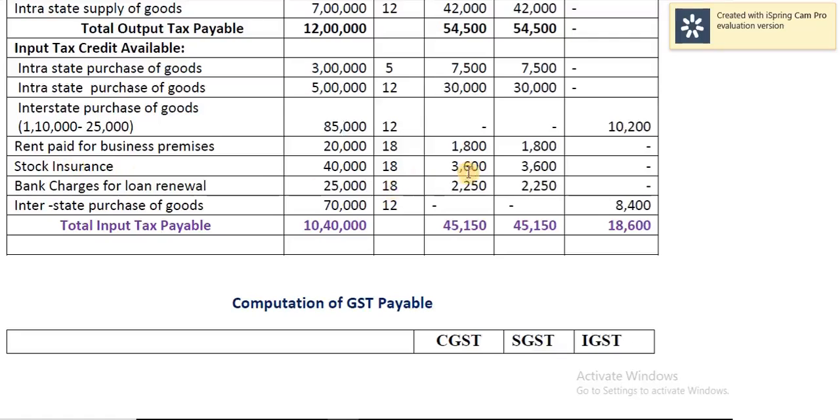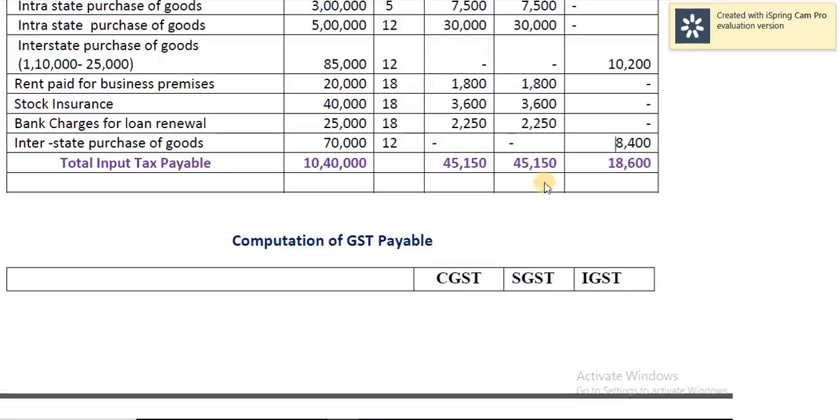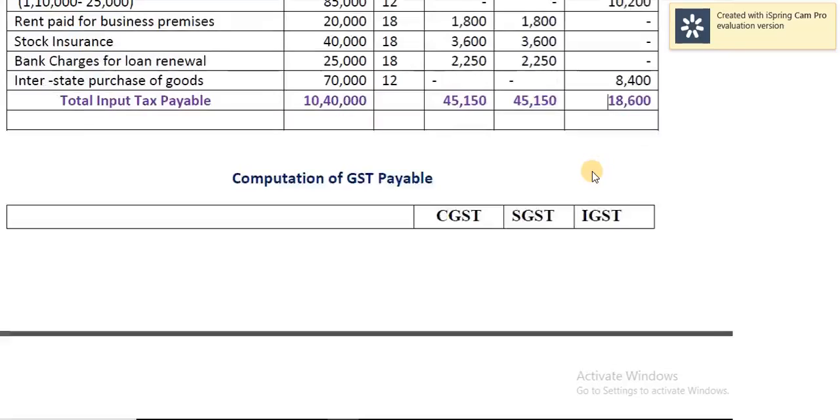Stock insurance within the state. Bank charges for loan renewal, that is again within the state, 9% each. Interstate purchase of goods on 70,000 at the rate of 12% IGST. So 45,150 and 45,150. Then IGST 18,600.